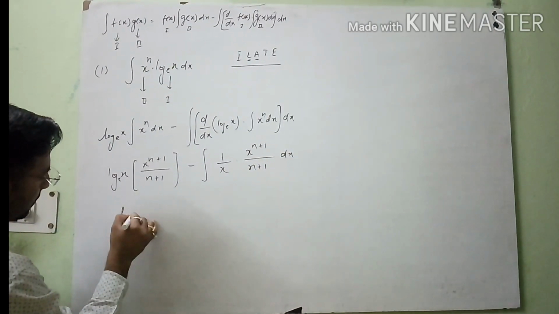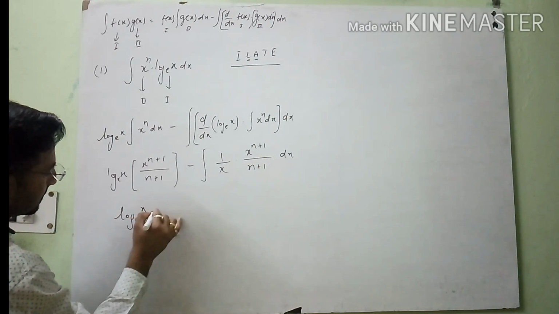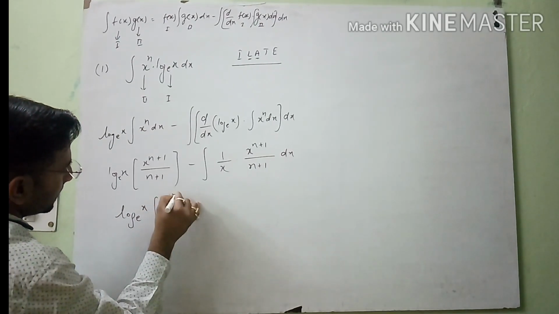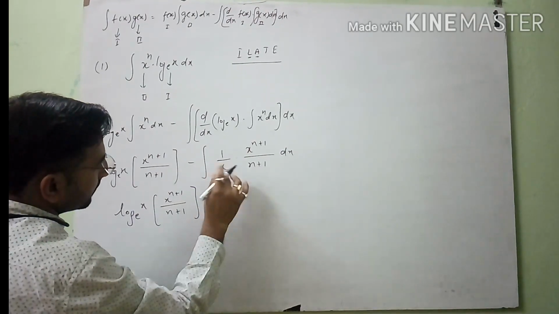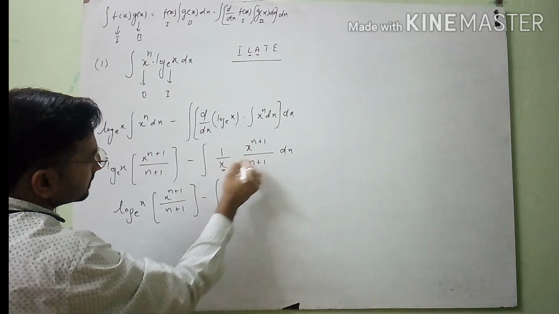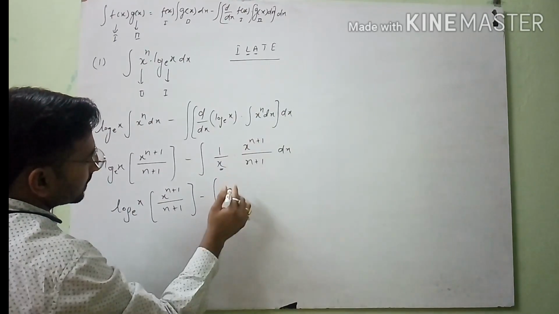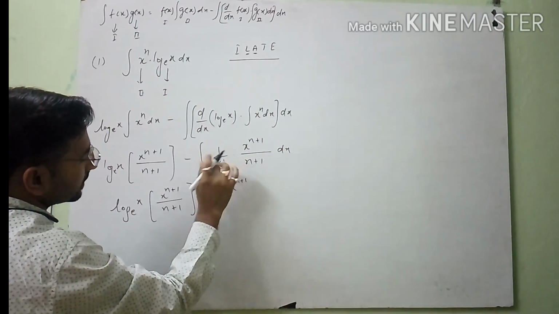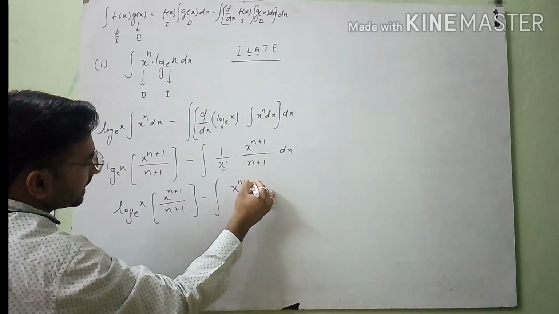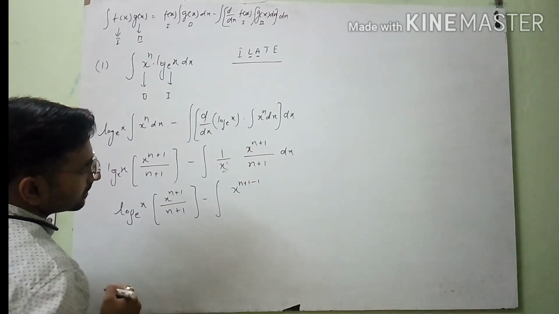See here, log x times x raised to the power n+1 over n+1, minus, when you solve this x with the value of x^(n+1), then you will see that x^(n+1), when this x raised to the power 1 goes in the denominator, it will be negative, so I will write here minus 1.